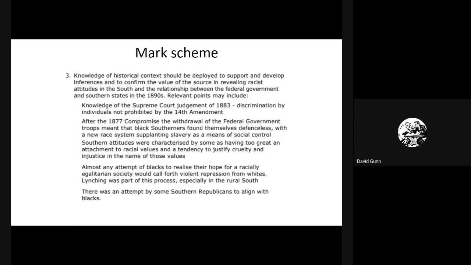And then the third paragraph is on provenance, where you're talking about nature, origin, purpose, and how that either helps or hinders the value of the source for both inquiries. And then a conclusion, which inquiries it is most useful for and why. And focusing on value, I think that's the key thing. What is the value of the source?